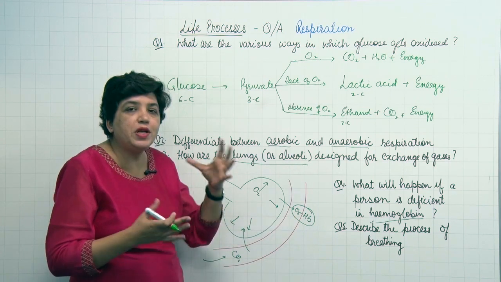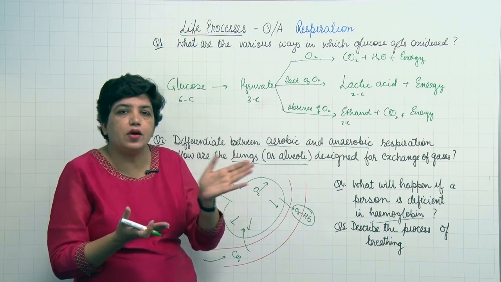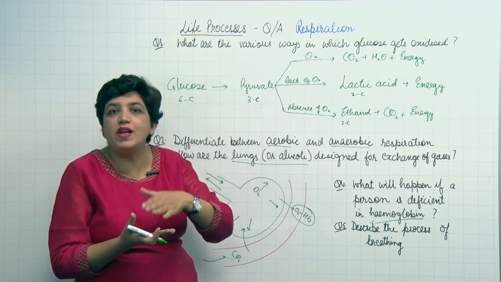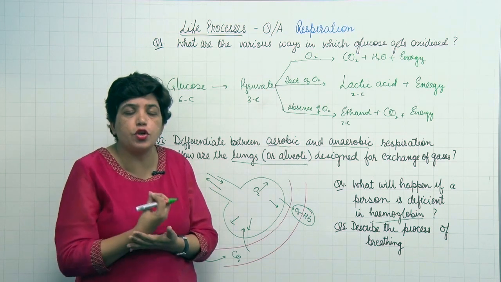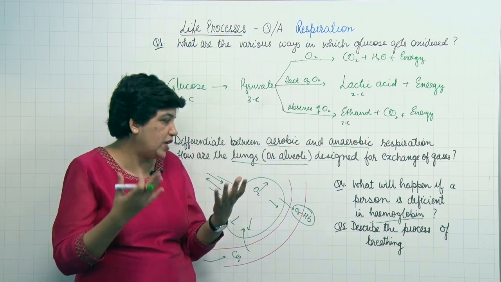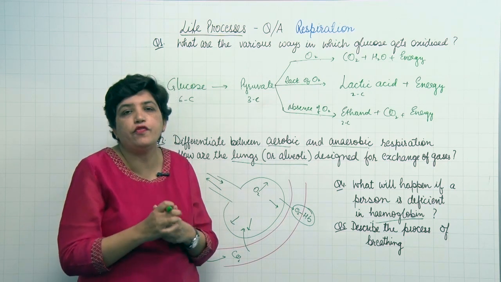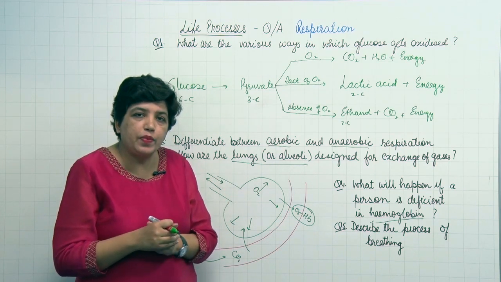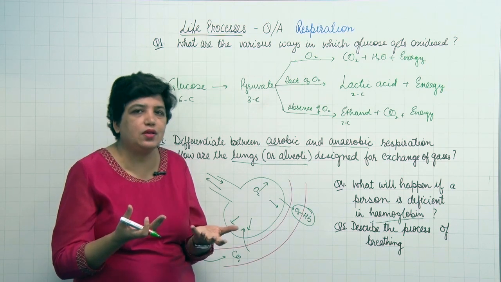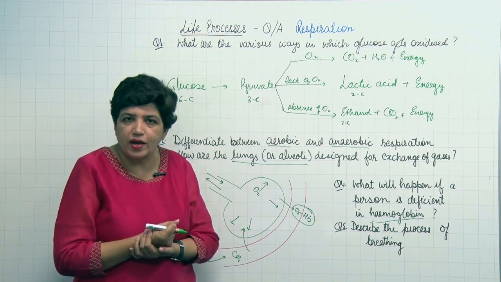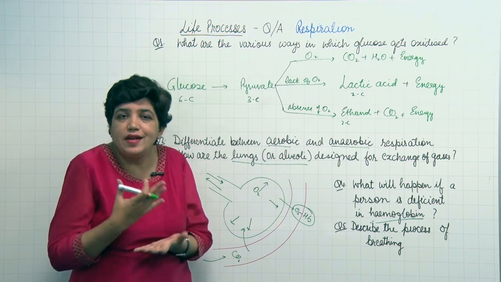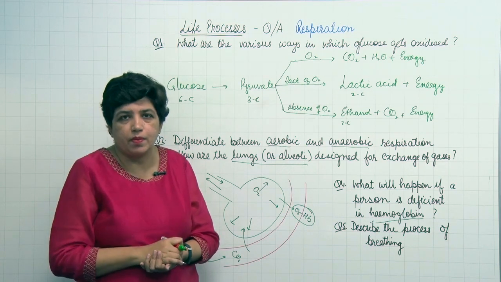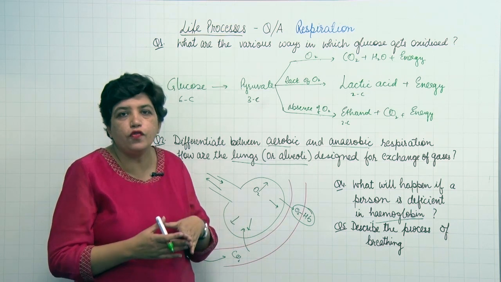So if the hemoglobin content is low, then oxygen supply to the cell will not be very efficient. The cells or the tissues of our body will not be able to get enough oxygen. So what will happen, even after small exercise or a little bit of hard work, the person will feel tired, less energetic, lethargic, because of lesser supply of oxygen.